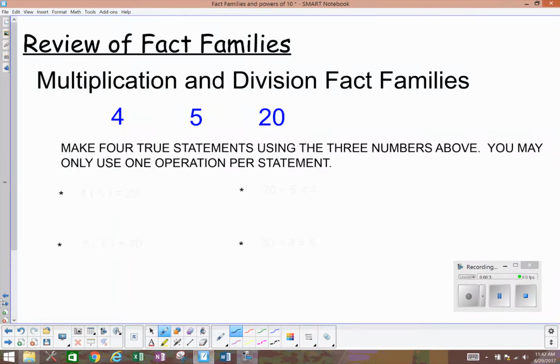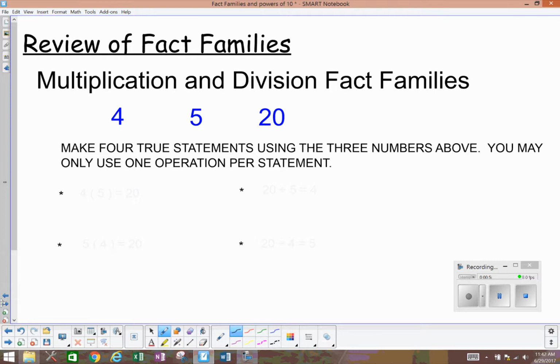When we talk about fact families, they always involve three numbers. When we are looking at multiplication and division fact families, that means that you are going to be taking the three numbers, and you're going to use one operation and an equal sign to create true statements.